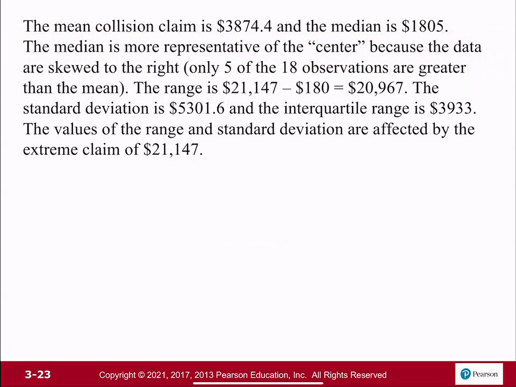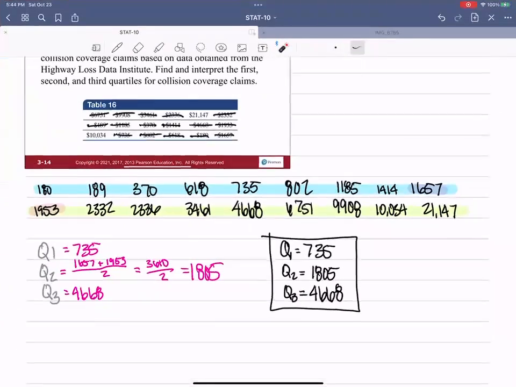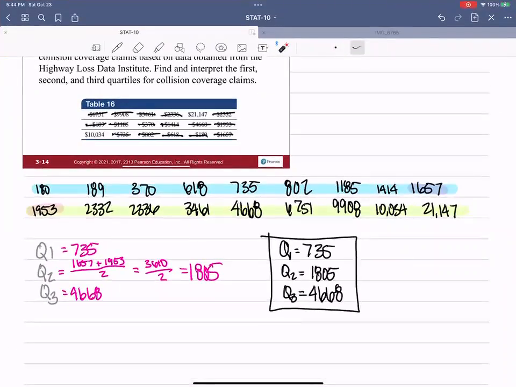All right, so the mean collision claim is $3,874.4, the median $1,800. The median is more representative of the center because the data are skewed right. So if you look at the data set here, we have 180, 189. All of these are less than $1,000, and we barely start touching $1,000 in the last 3 values of the bottom half of our data set.